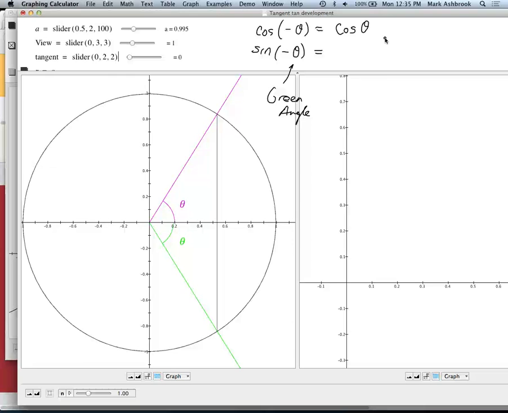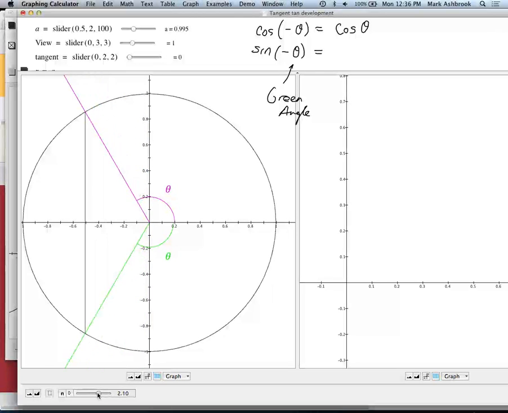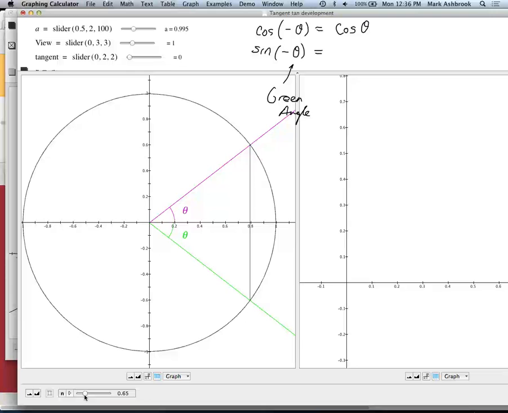Doesn't matter if it's swept clockwise or counterclockwise. The result of cosine is distance to the right of the vertical diameter. So what do you notice about cosine of the opposite of theta and cosine of theta in terms of where you are to the right? They're the same. You see that they're the same? You end up at the same x coordinate whether you sweep clockwise or counterclockwise. And so this statement right here is true. See that?